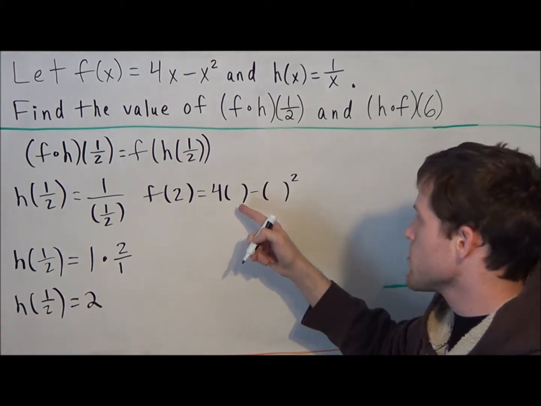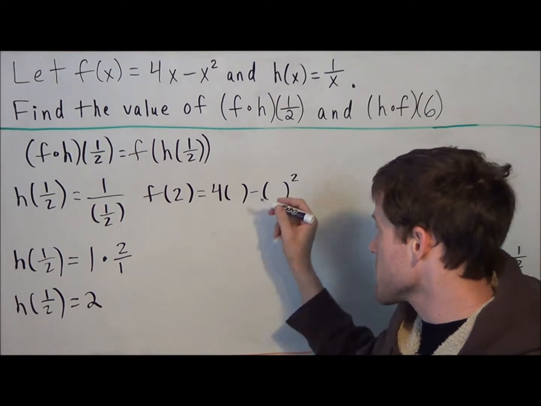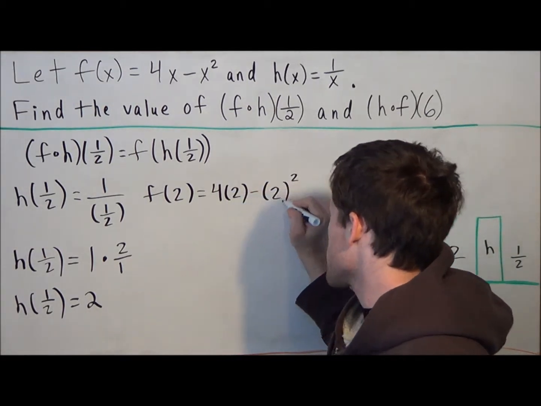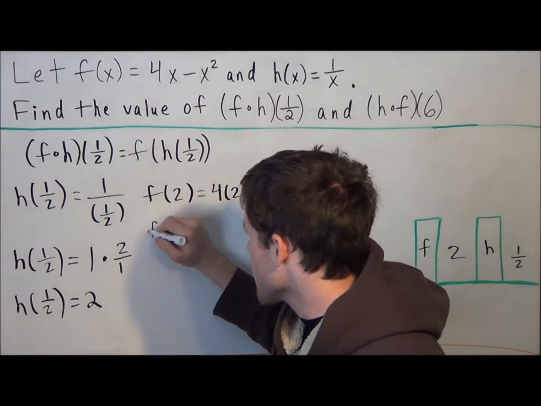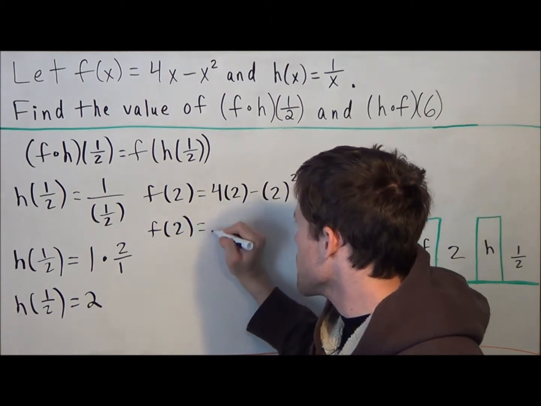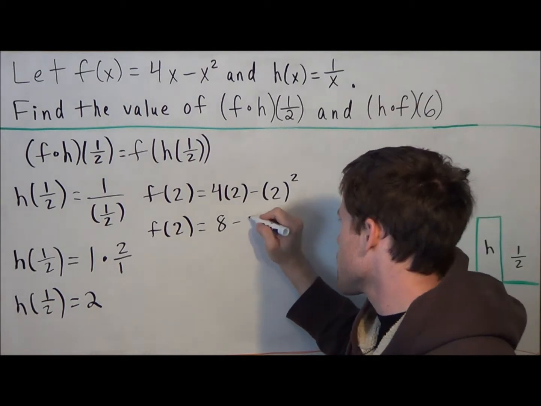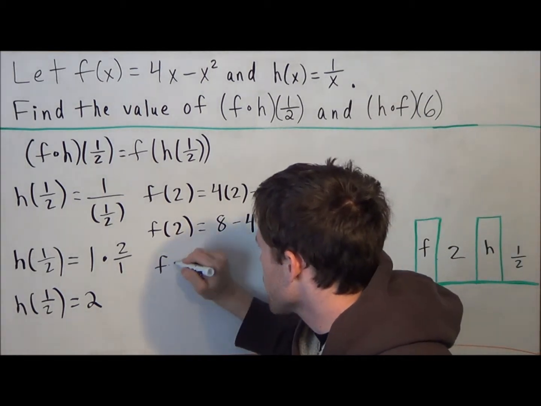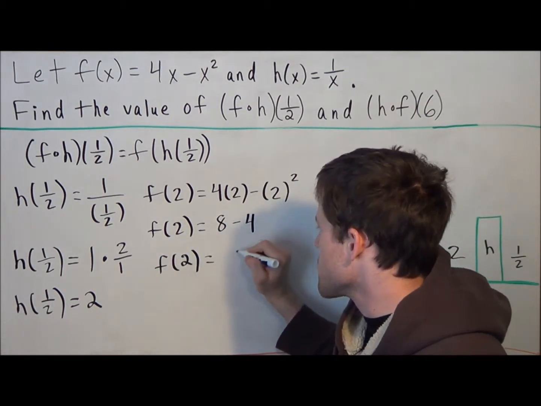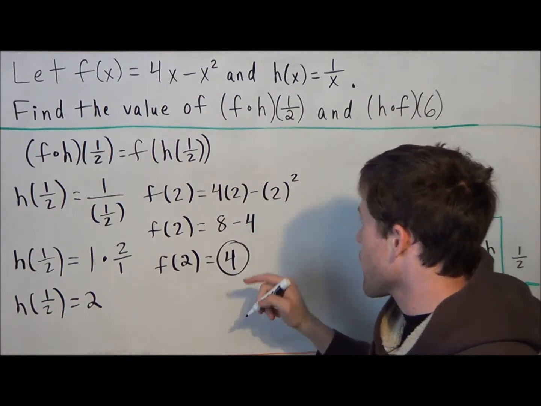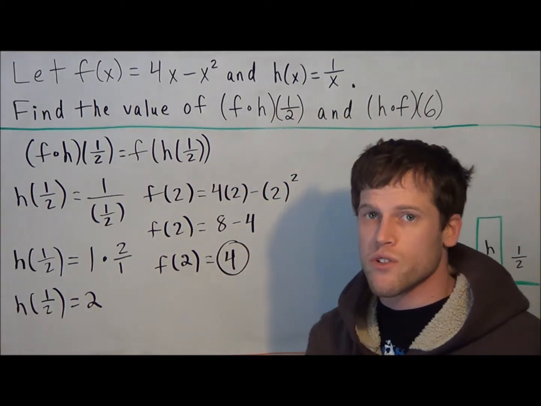So instead of the variable x, we're replacing x with 2 in this case. So we write a 2 in both parentheses, and then we have f of 2 equals 4 times 2 is 8, minus 2 times 2 is 4. So f of 2 is equal to 4. Okay, so for the first example here, our answer is going to be 4.